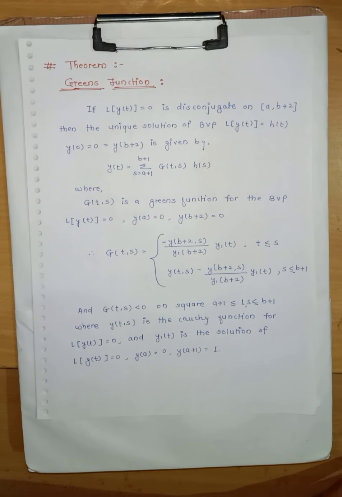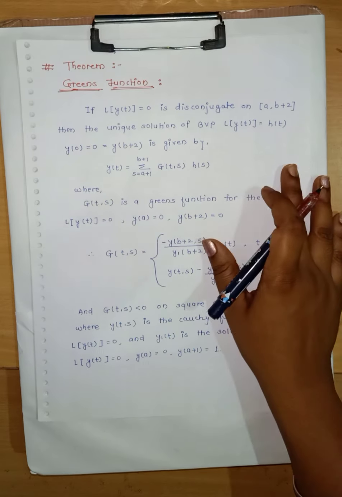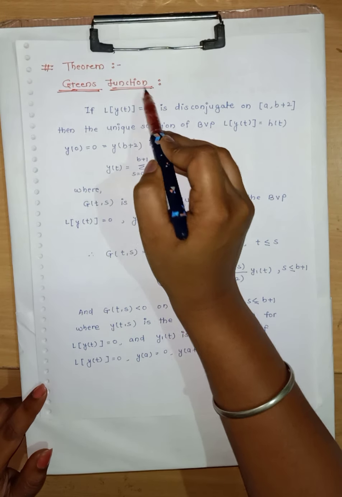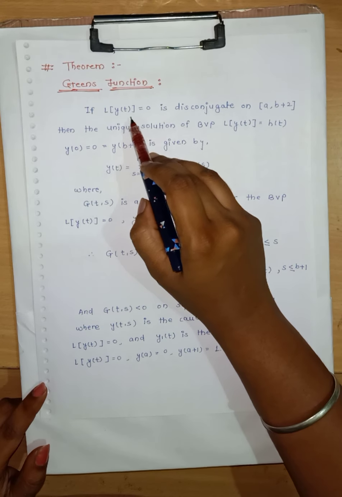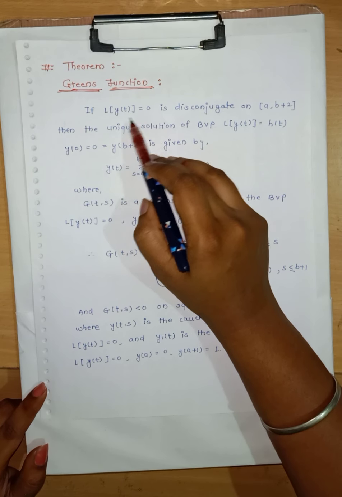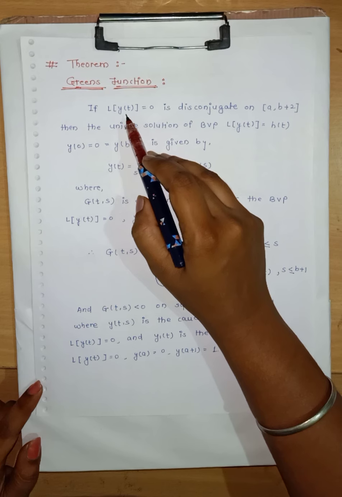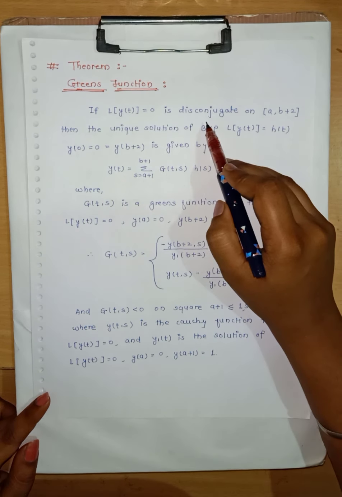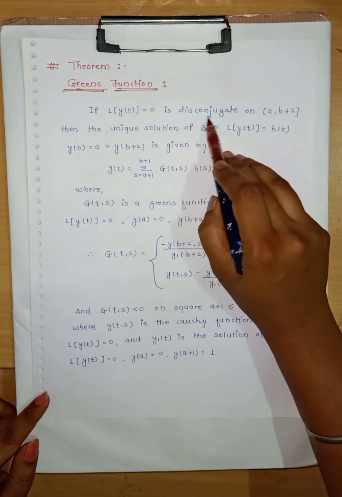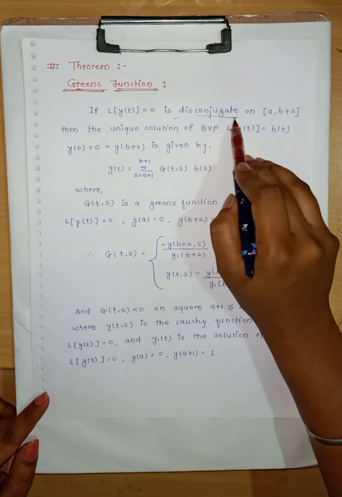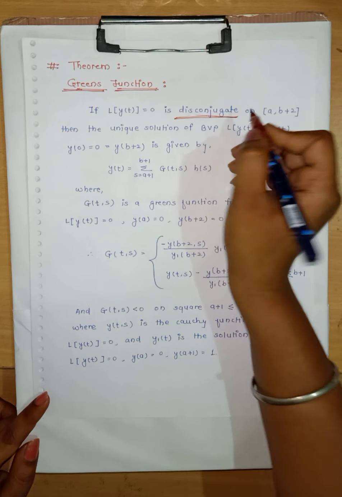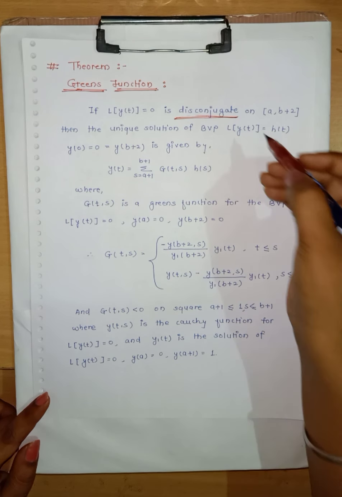statement of the theorem. What is the theorem? Green's function: if L of y of t equals 0, that is the linear operator, is disconjugate. We have seen the definition and one theorem on disconjugate. If you don't remember, you can see that video.